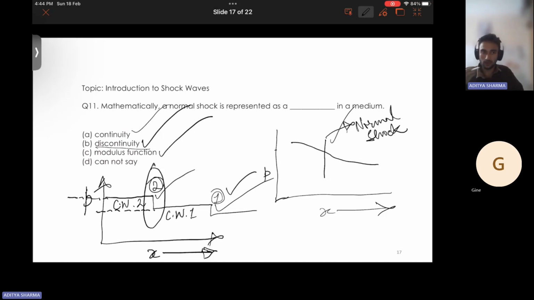So mathematically, when we are dealing with normal shocks, we take the merger of these different compression waves as happening in a very small time.